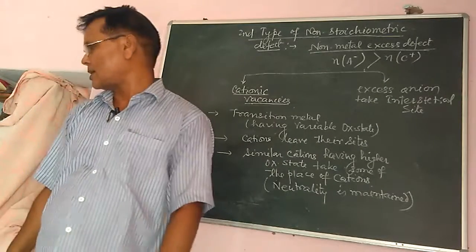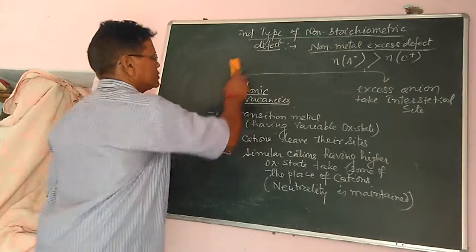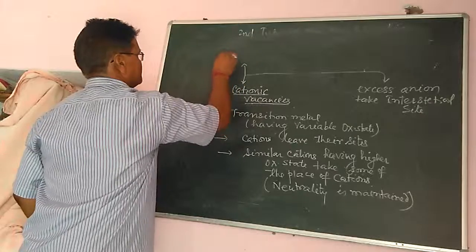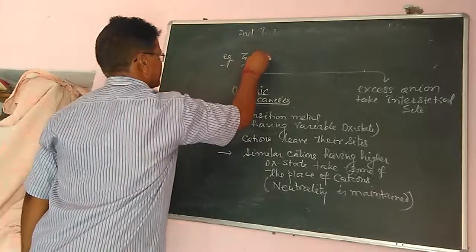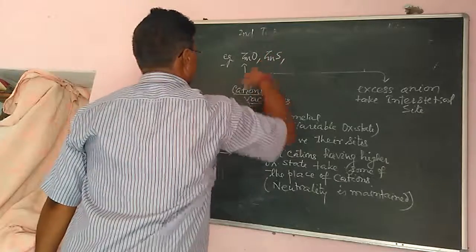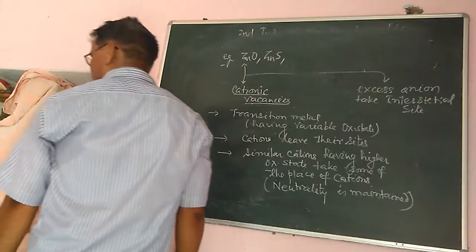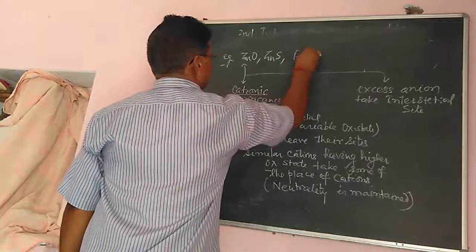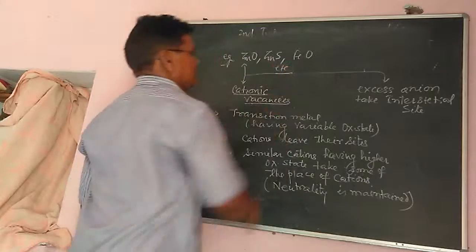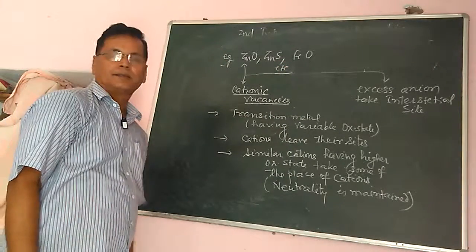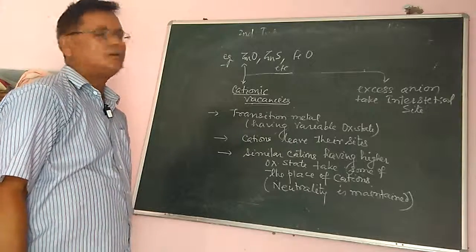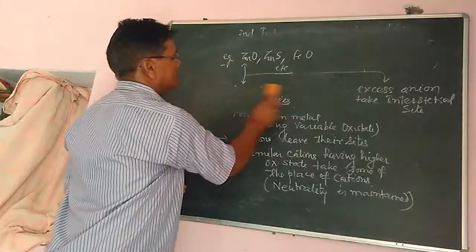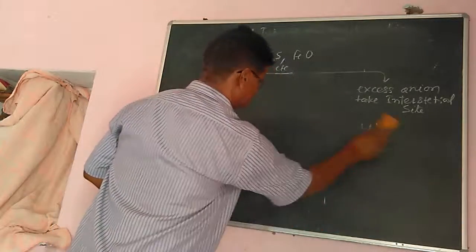As for example, see here, suppose zinc oxide, zinc sulfide. We can also take other examples, that is FeO etc. They will take the place of cations. I am going to draw the diagram of this.